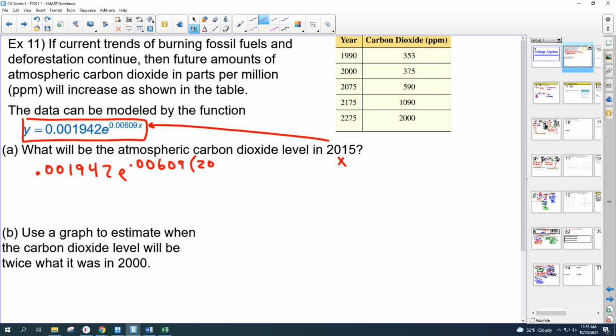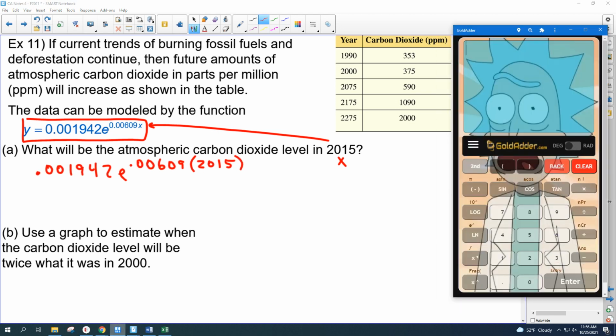Where we plug in 2015. And we get 414.6, or about 415 parts per million.